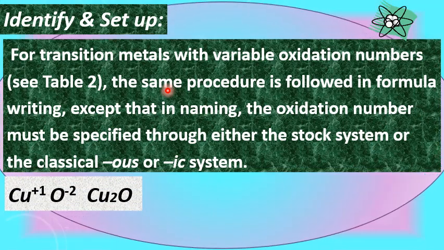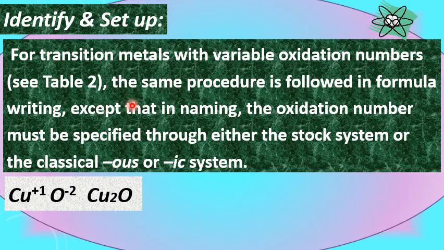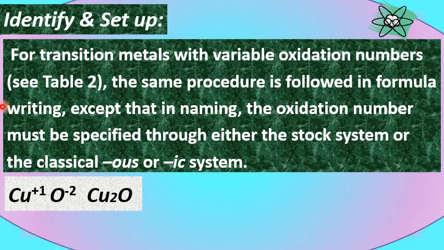So, as our first example, we have a copper positive 1 ion combining with the negative 2 oxide ion.